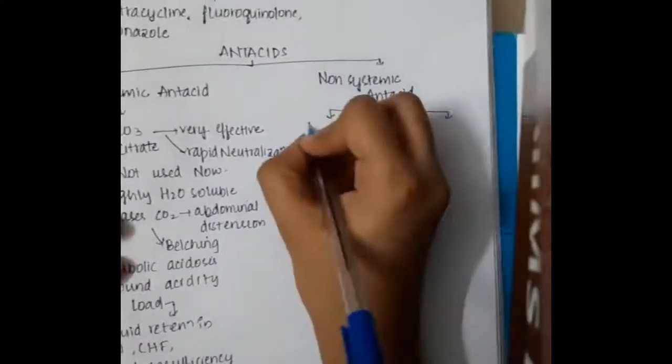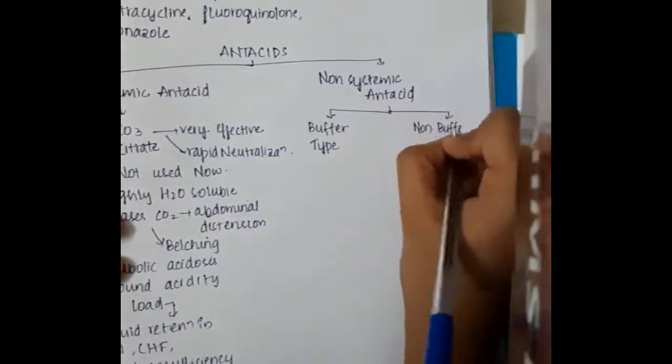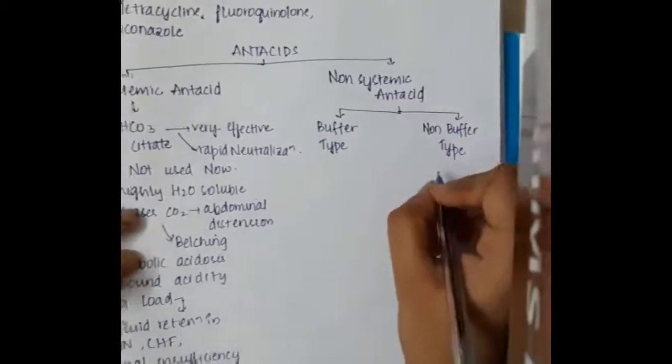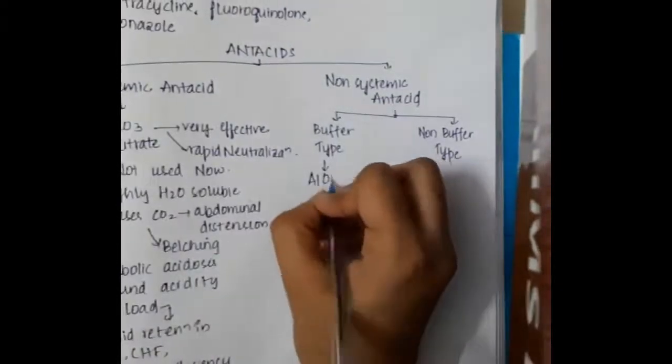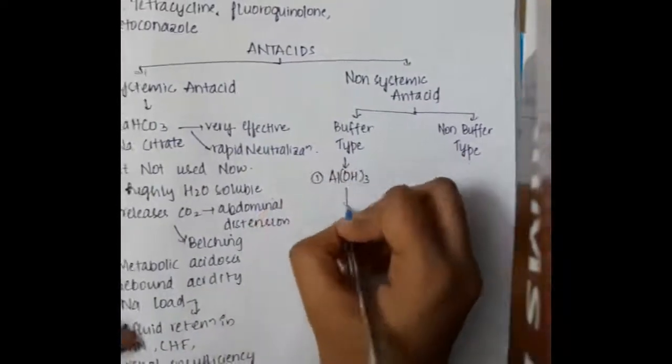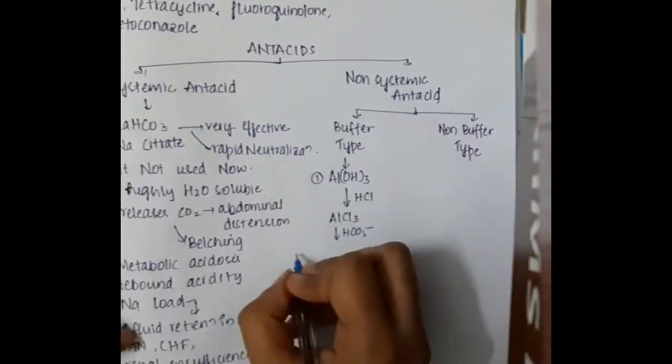So these are systemic antacids. Then we have non-systemic antacids. In non-systemic antacids, we have two types. One, buffer type, second, non-buffer type. In the buffer type of non-systemic antacids, we have aluminium hydroxide. This aluminium hydroxide combines with the HCl in the stomach and forms aluminium chloride.